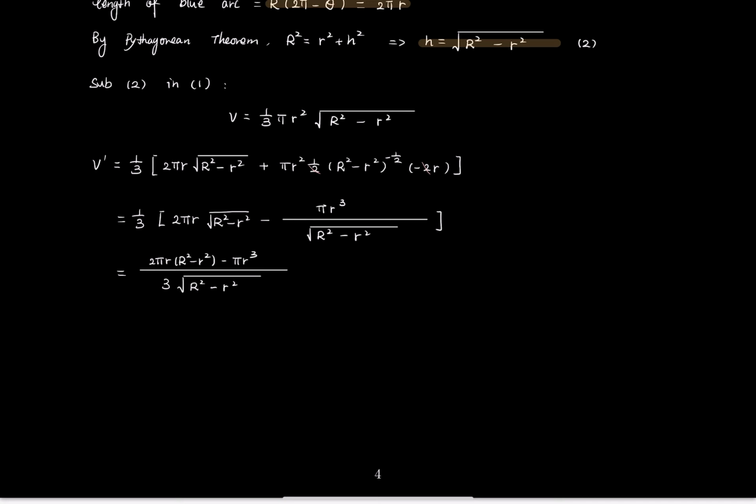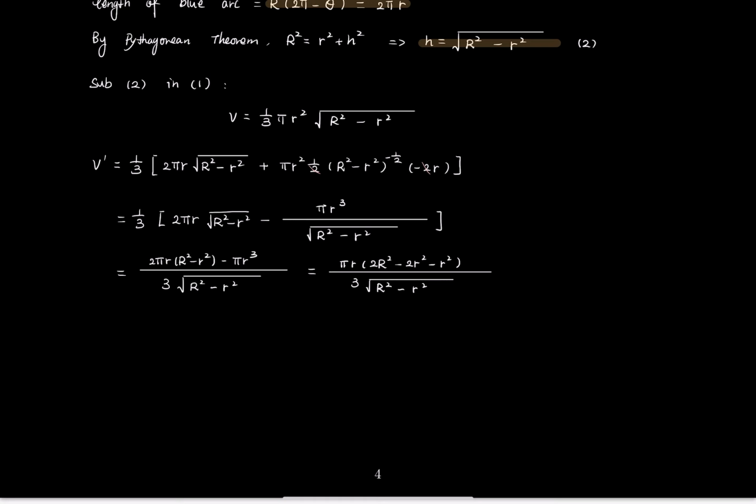And you can factor out pi r, right? So let's write it here because I'm gonna run out of space. So 3 times square root of R squared minus r squared, and then let's factor out pi r. You'll be left with 2 capital R squared minus 2 small r squared minus r squared.